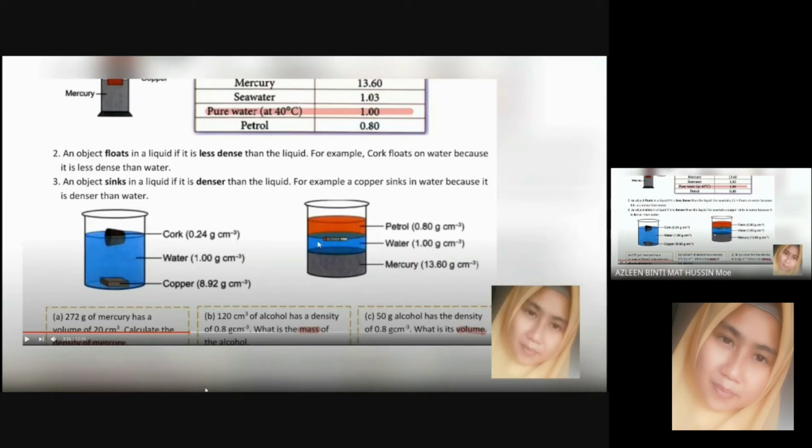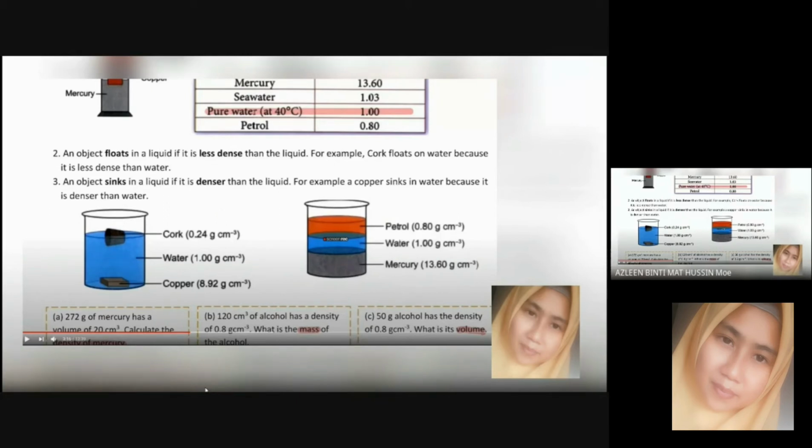Now let's look at the beaker on the right side. You can see there are three liquids, but you can see the separated layers. Why? Because of density. Have you ever drunk the three-layer tea at Mamak restaurant? It looks so nice, right? That is the application of density.